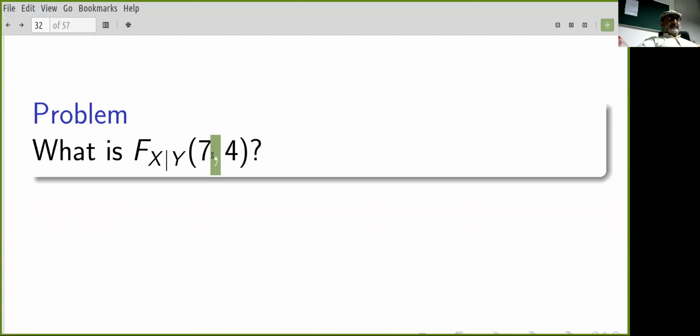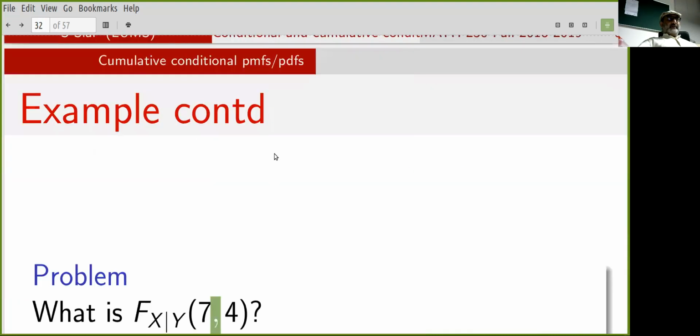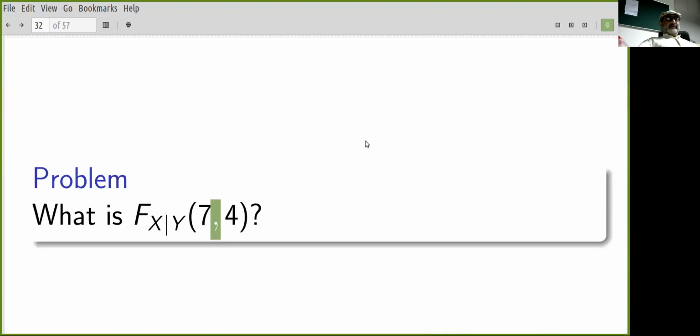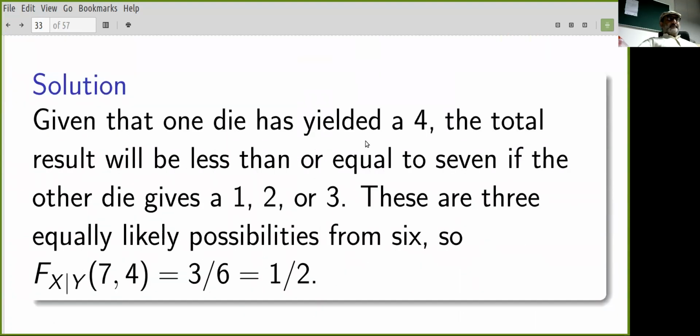If y is already 4, then what could x be? Well, y being 4 means it's the result of the red die. So that's the probability that the blue die gave 1, or the blue die gave 2, or the blue die gave 3. So these are 3 possibilities out of 6 for the blue die. So that's equal to 1/2.